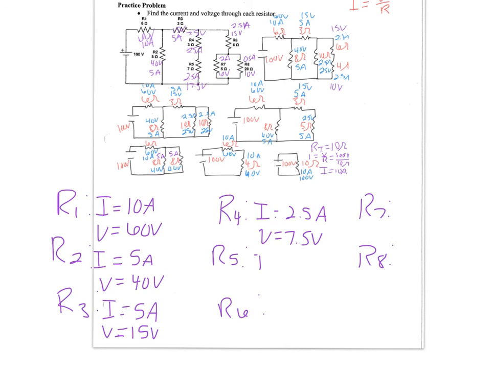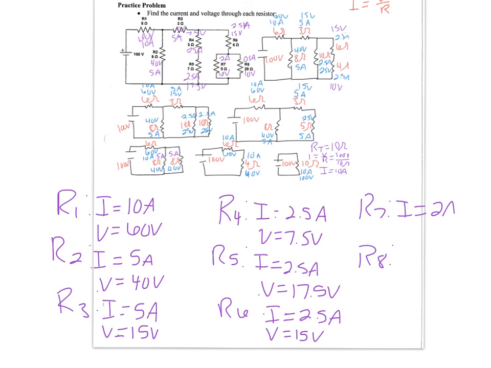R5, 2.5 amps, 17.5 volts. R6, 2.5 amps, 15 volts. R7, 2 amps, 10 volts, and R8, 0.5 amps and 10 volts.